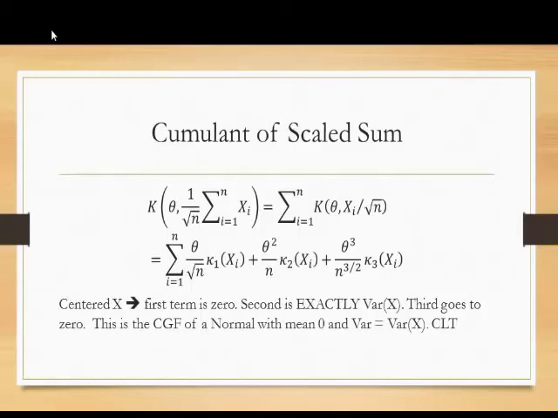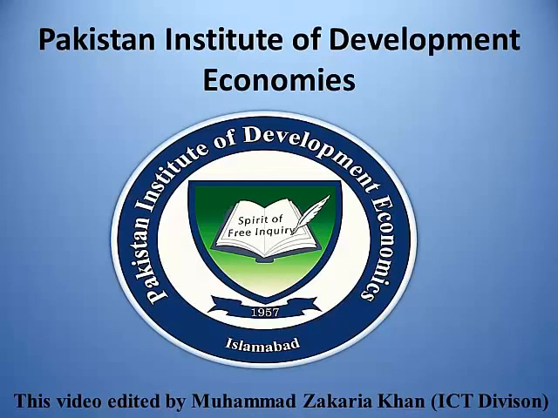There should be a 2 next to the n, and theta cubed is going to be divided by 3 factorial. Not that it matters. I just forgot to put the 2. So the 2 is there, and then this will be theta squared over 2 times kappa 2, which is exactly the cumulant generating function of a normal variable with mean 0 and variance sigma squared. So here we have the central limit theorem, very simply, and nothing complicated about it.